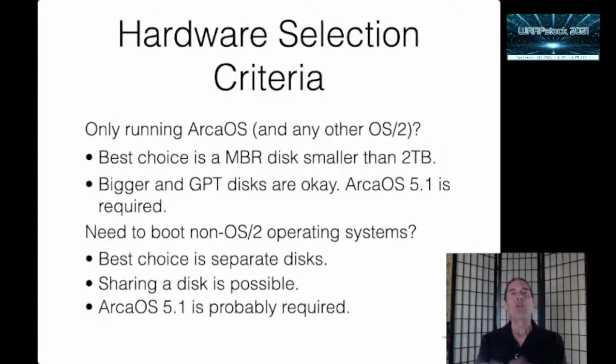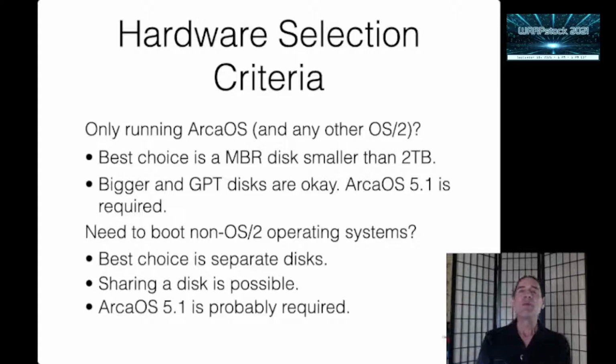So also, what software are you going to be running on the system? If you're only going to be running ArcaOS or any other flavor of OS2, your best choice is probably going to be an MBR disk smaller than 2 terabytes. Now, you can use a bigger disk or a GPT disk, but you're going to need ArcaOS 5.1 because it's the one that has the emulator for GPT disk access.